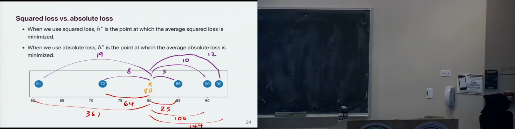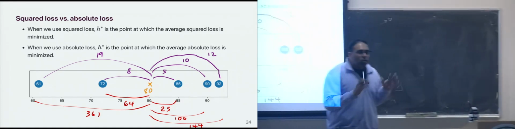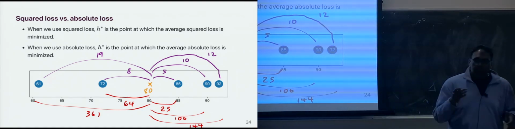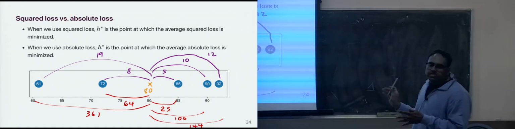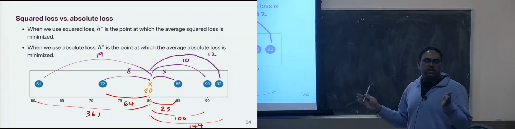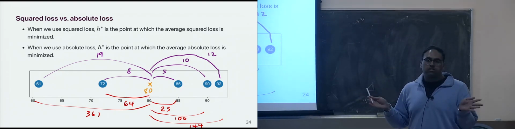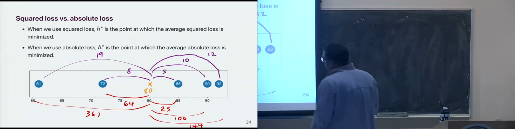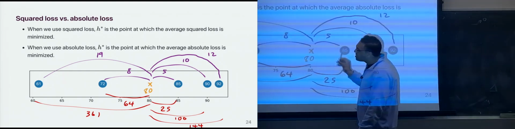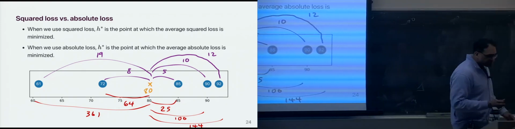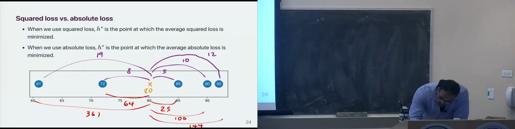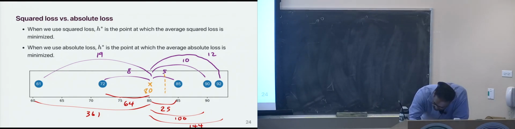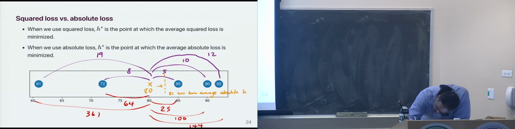Okay? And so the key idea here is we don't yet know what the best prediction is if your loss function is absolute loss, but it's not necessarily 80. In this case, it's not 80. So in general, it can't be the mean, it's something else. Okay? And I saw that by moving from 80 to 81, my average absolute loss goes down. Okay? I'll try and visualize that here. 81 has lower average absolute loss.